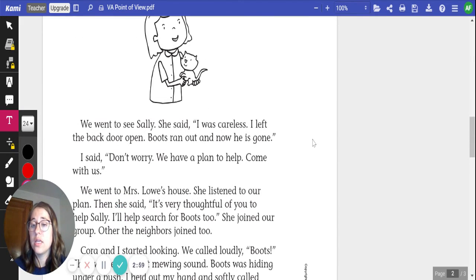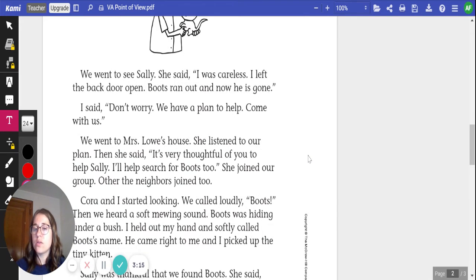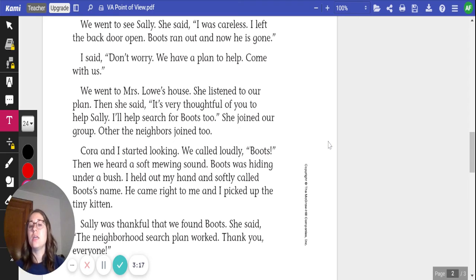Let's keep reading. We went to see Sally. She said, "I was careless. I left the back door open. Boots ran out and now he is gone." I said, "Don't worry. We have a plan to help. Come with us." We went to Mrs. Lowe's house. She listened to our plan. Then she said, "It's very thoughtful of you to help, Sally. I'll search for Boots too." She joined our group.